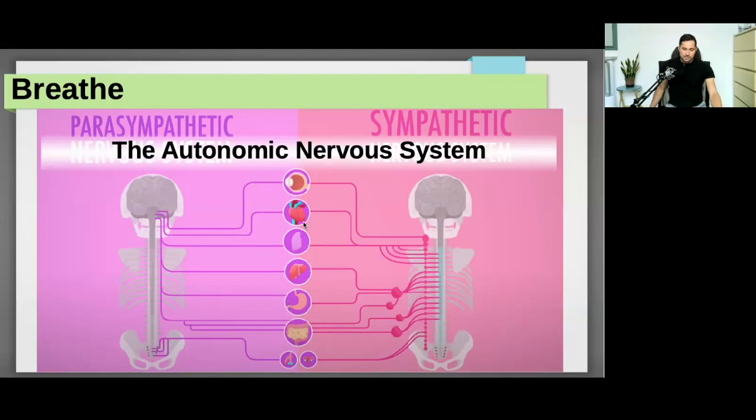I can't choose to dilate my pupils on purpose. I can't choose to reduce or increase my heart rate via just choice. I can't choose to digest differently or send different hormones into my blood, but I can choose to change the rate and the speed of my breathing.